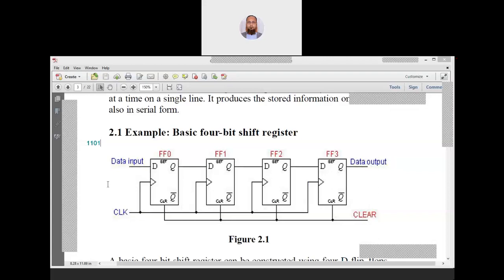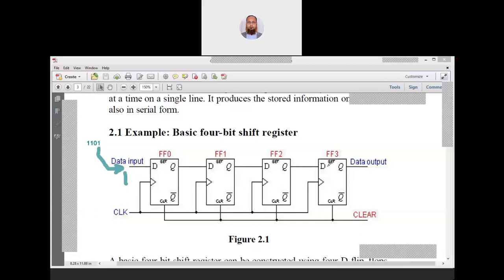Okay, so what input we will provide here? So from this the first one will come here. Okay, first one will come here. Then what will happen? As soon as the one comes, one is available here.